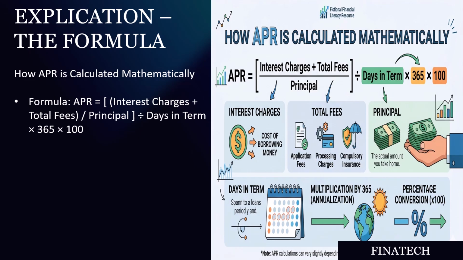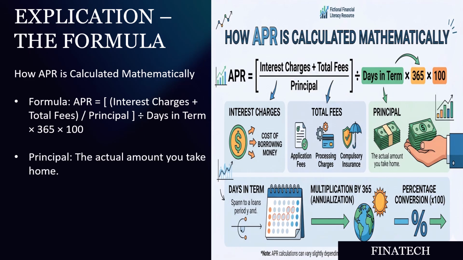Don't let the math scare you. It's simply taking your interest expense and all these extra fees, dividing it by your actual loan principal, and normalizing it over a full 365-day year.